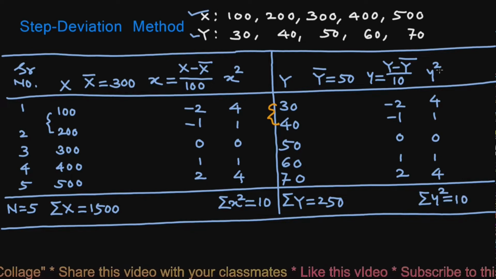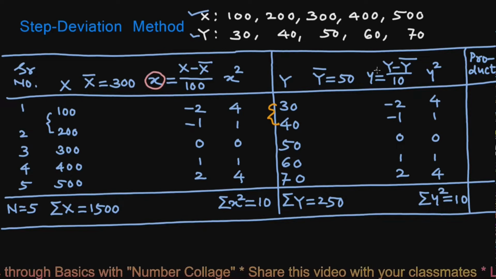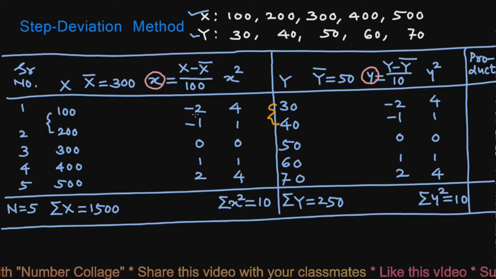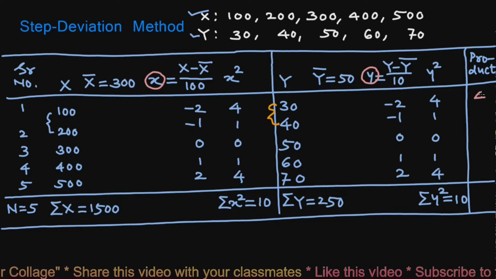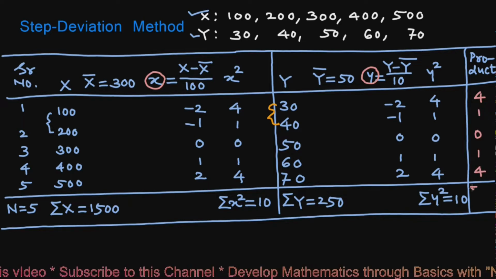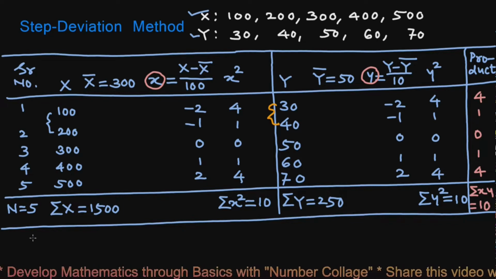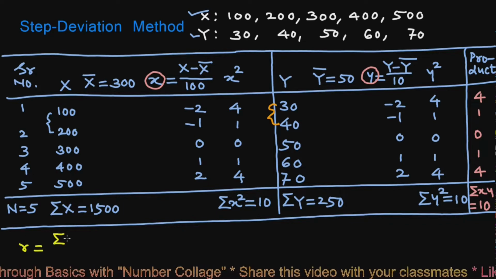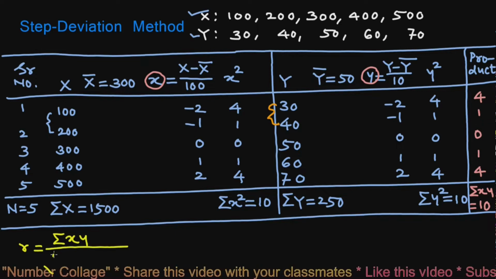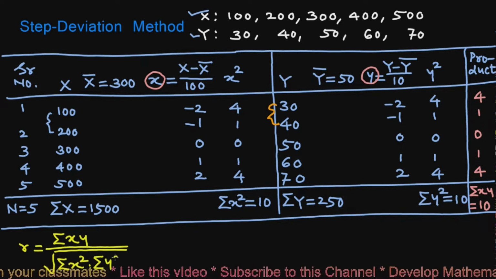And finally we have to write the product of values of x and y, and this product will be minus 2 into minus 2, 4, 1, 0, 1, 4, and that gives us summation xy equals 10. Now we have r equals summation xy upon square root of summation x square into summation y square.